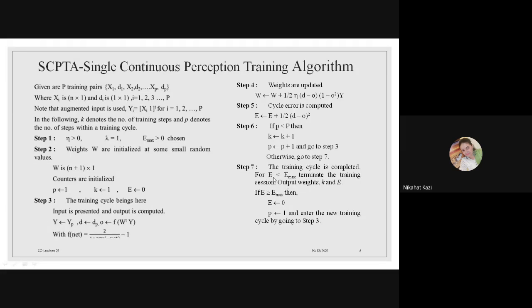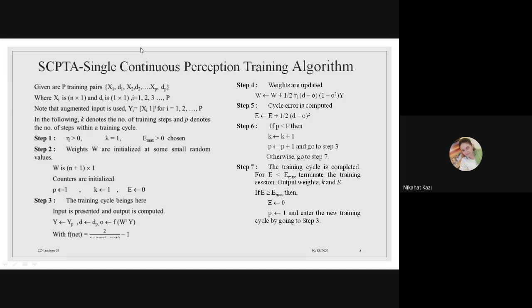Now, if E is less than Emax, that means your training is complete. Your error has reduced below the threshold set. So you will stop the training, whatever threshold you have set. Suppose it is 10 raised to minus 4. The moment your computed cycle error goes below that, you stop the training and output the weights as the output of the algorithm.